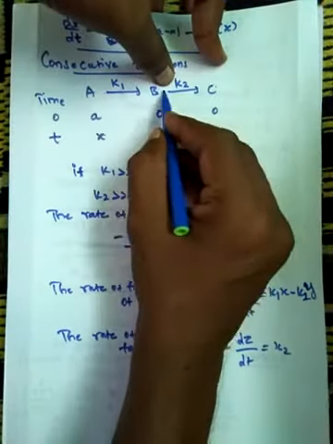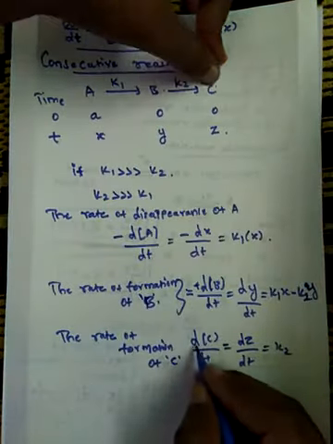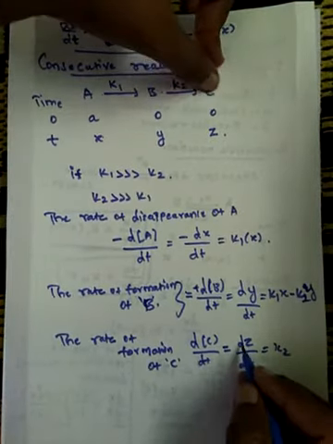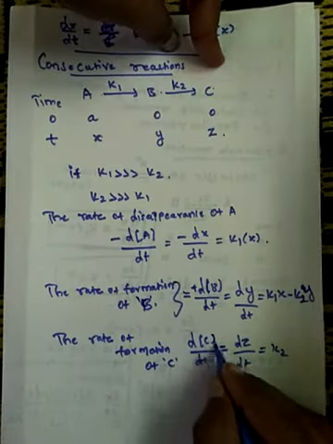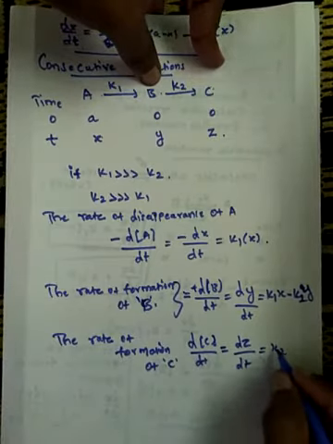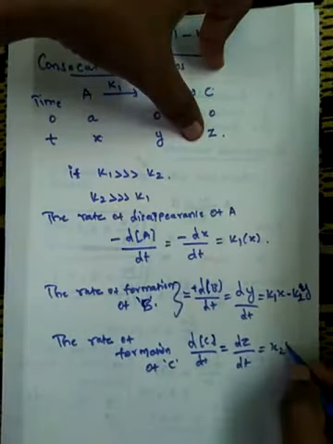I'm writing the rate of step 2. The rate of step 2 is the change in concentration of C by dt, which is directly proportional to K2 into the concentration of B. The concentration of B at time t is y, so K2y.